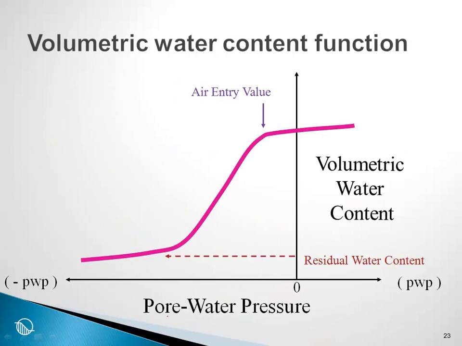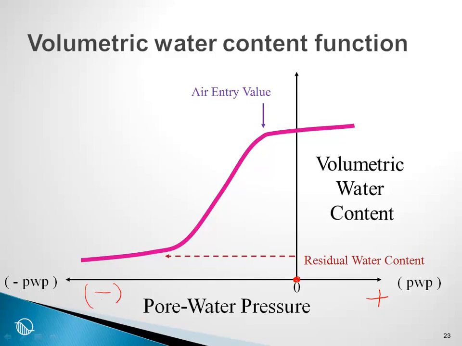So here then is the shape of a volumetric water content function. First of all, on the horizontal axis we have plotted pore water pressure. Here the pore water pressure is 0. On the right side of 0 the pore water pressure is positive, and on the left it is negative.